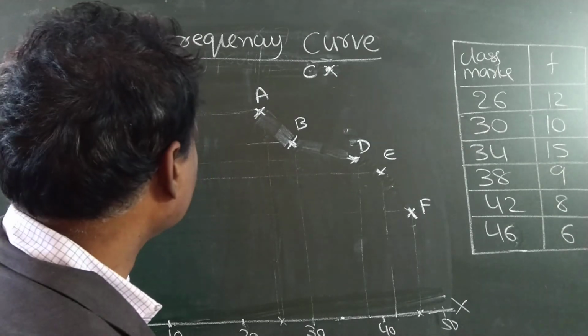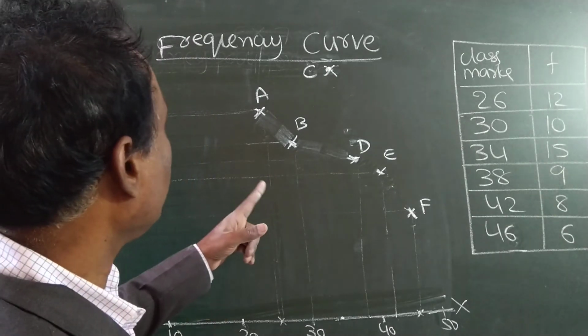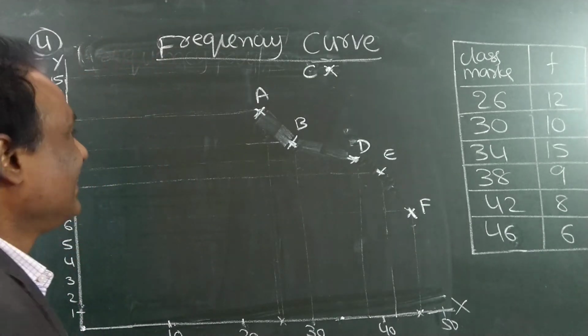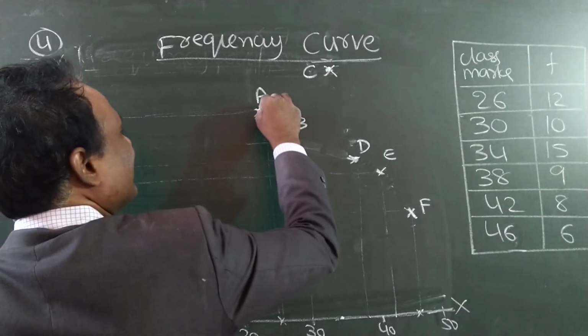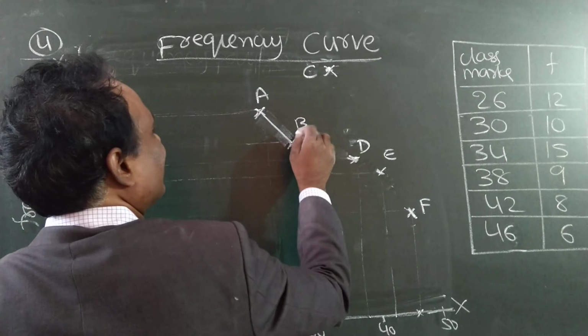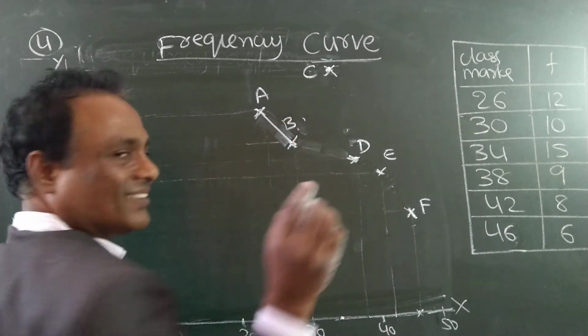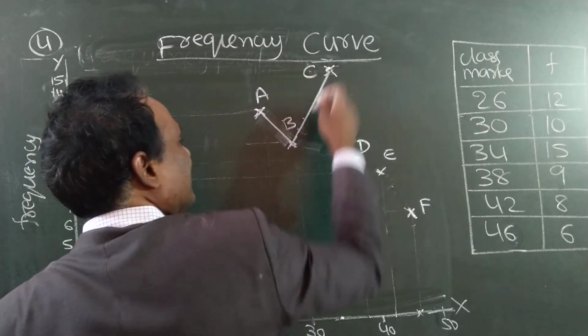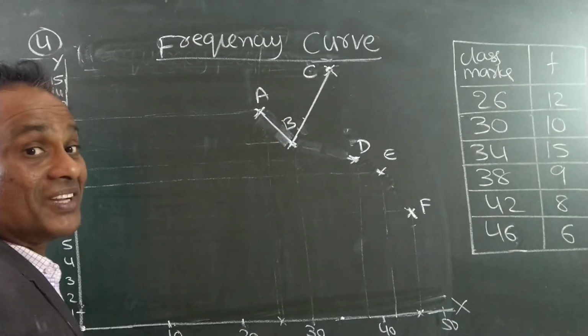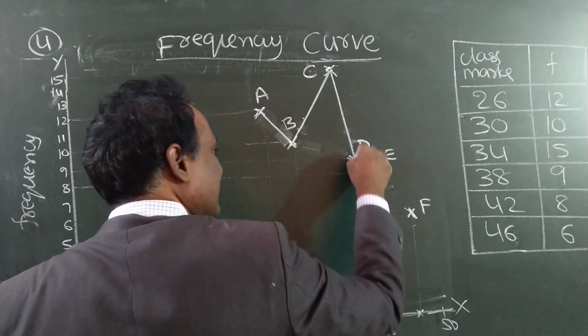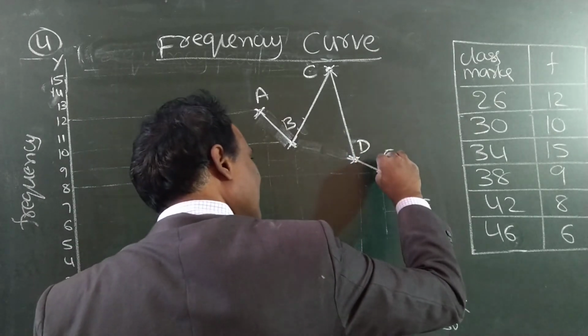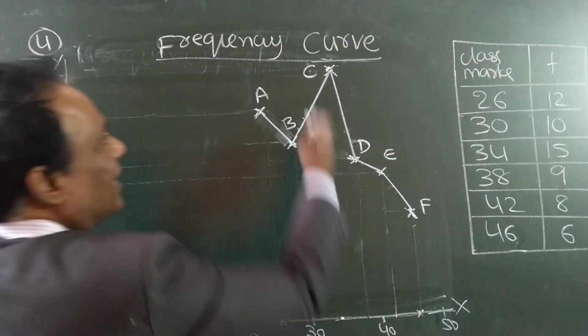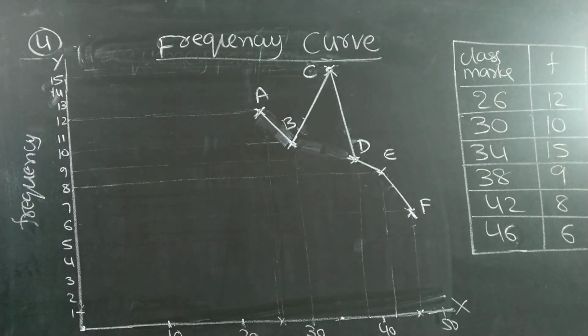Sorry, students. A, B, C is not joined. We forgot C. The diagram is wrong, students. I made a mistake. C we have to join. Please correct it.